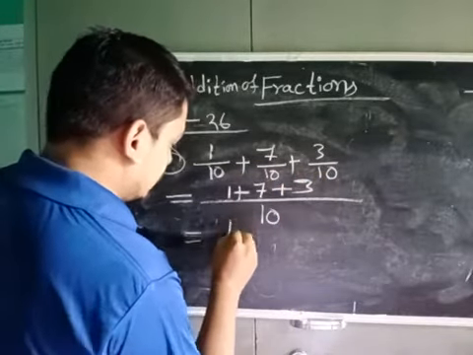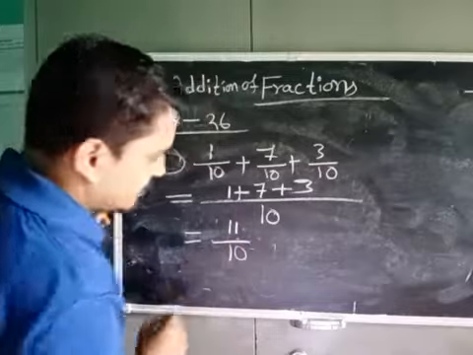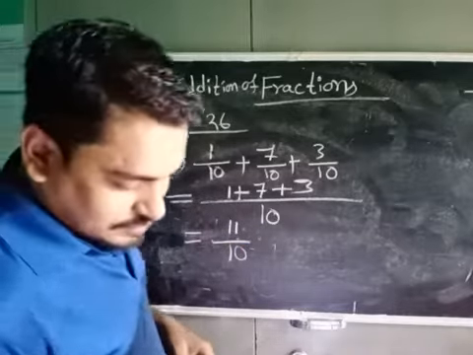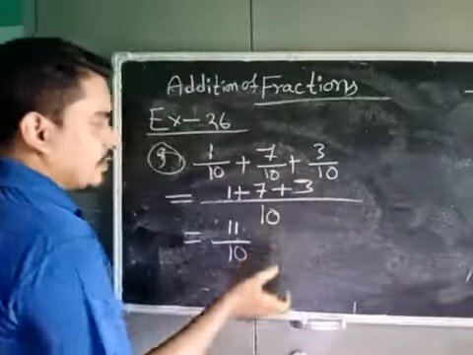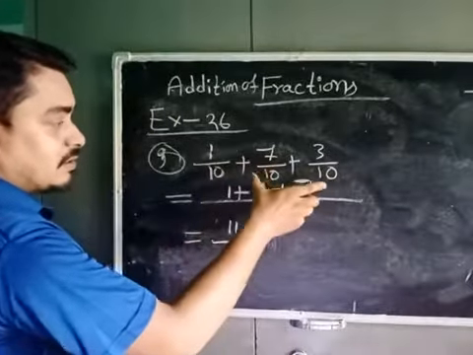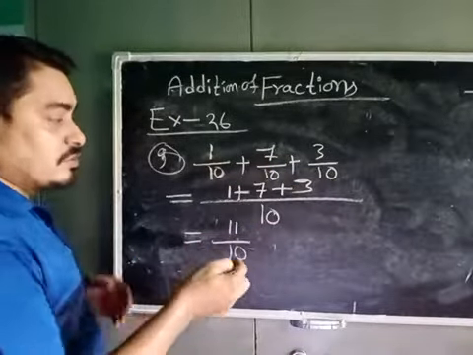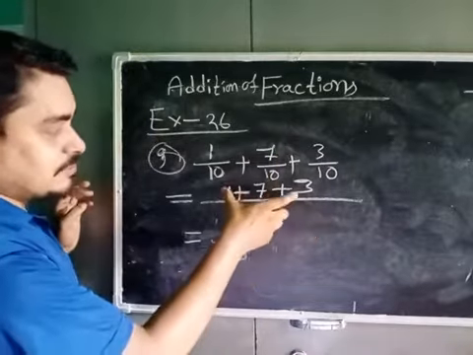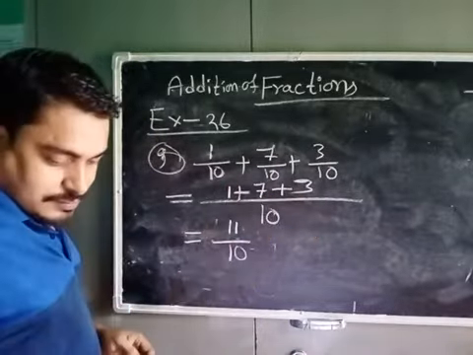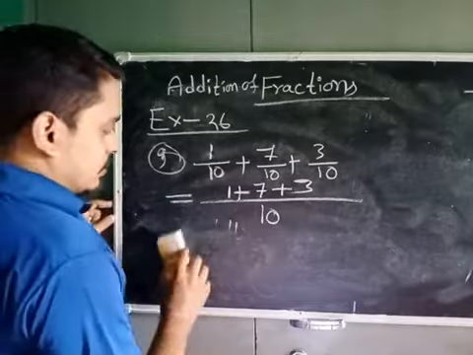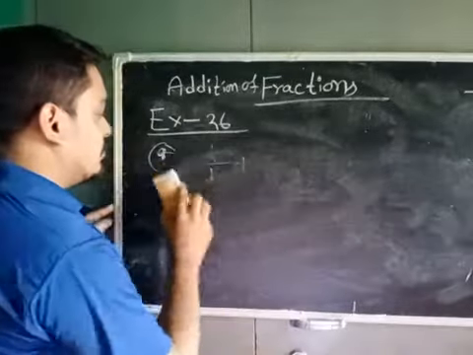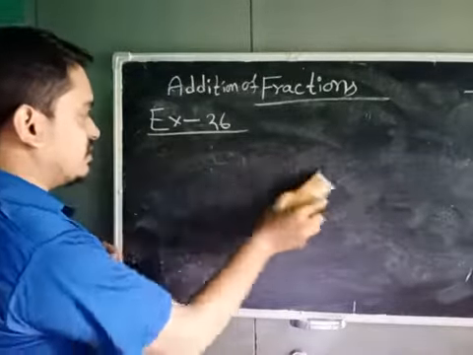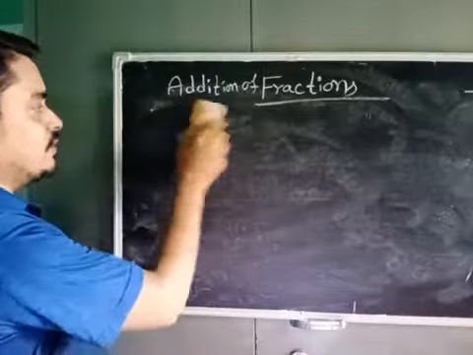So 11/10. It is your answer. For like fractions, these are very easy. At first, the common denominator will come in downside. Then after, all the numerators will be added together. You have already learned in your previous class, that means in standard 4, very well.